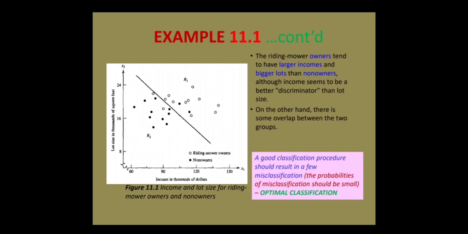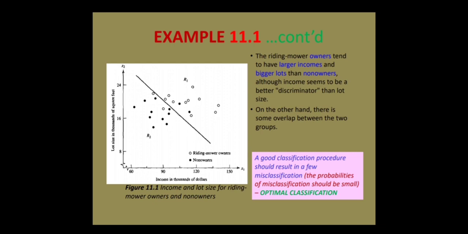We can say that region R1 is the region belonging to owners, and region R2 belongs to non-owners. So these 2 points of owners, observations from the owners, fall in region R2, and these 2 points that belong to the non-owners fall in region R1.